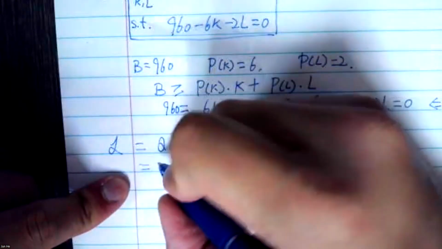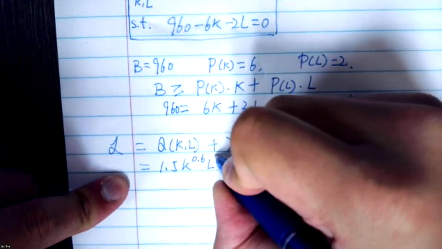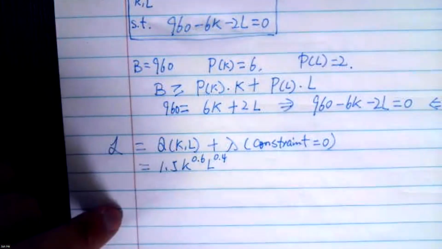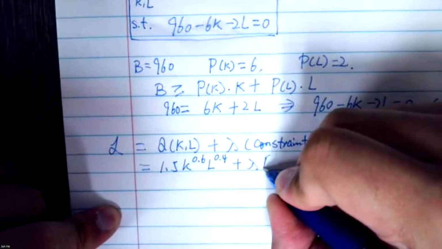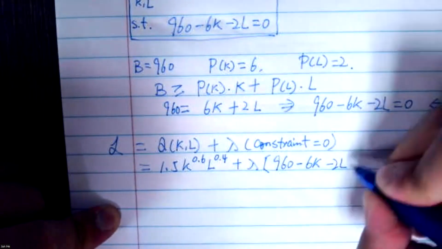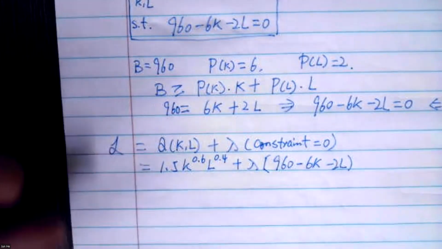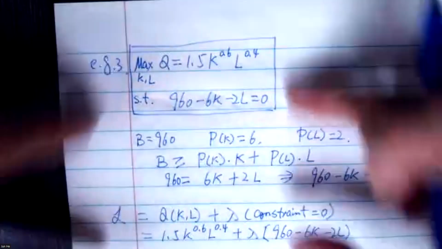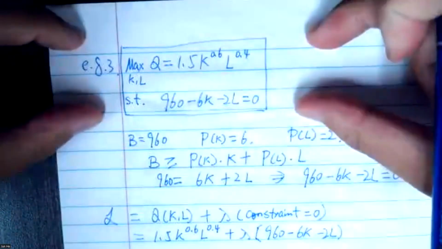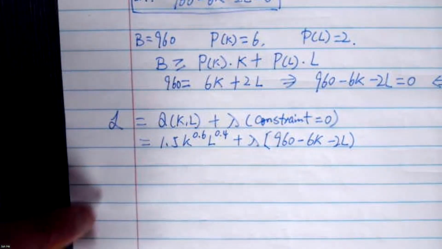That is 1.5 K to the power of 0.6 L to the power of 0.4 plus lambda times 960 minus 6K minus 2L. This is exactly the same as the steps that we take. We first define the problem officially, especially after figuring out what the constraint is. Then we write everything into the Lagrangian equation.